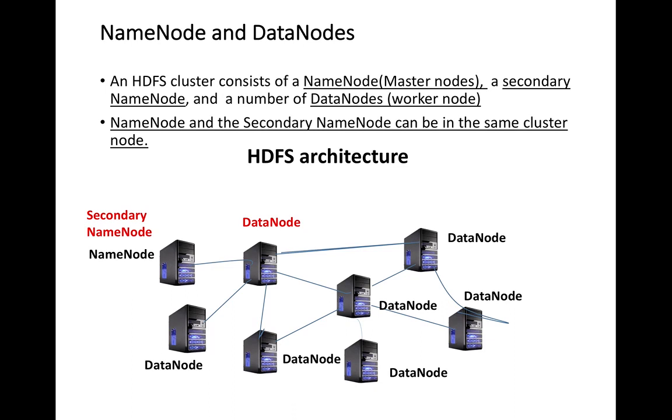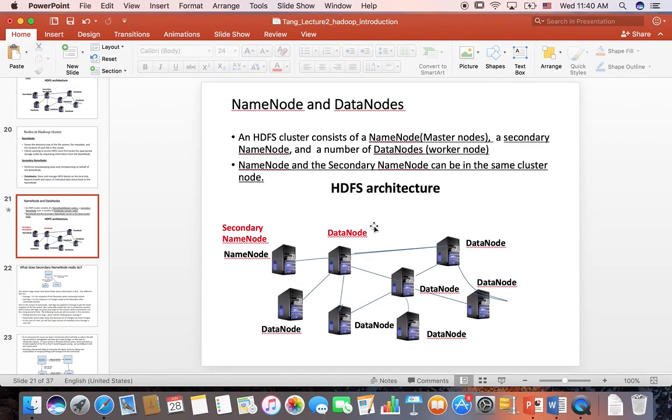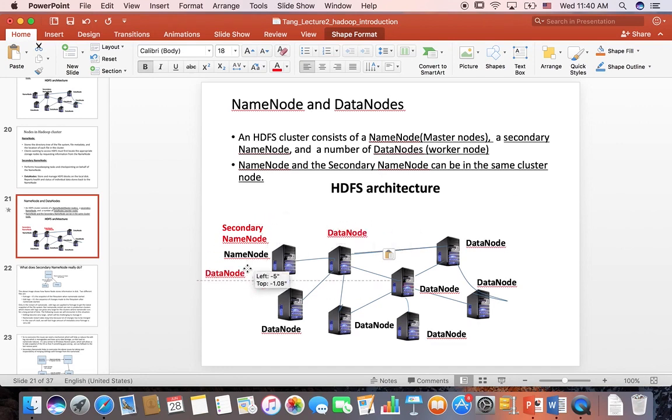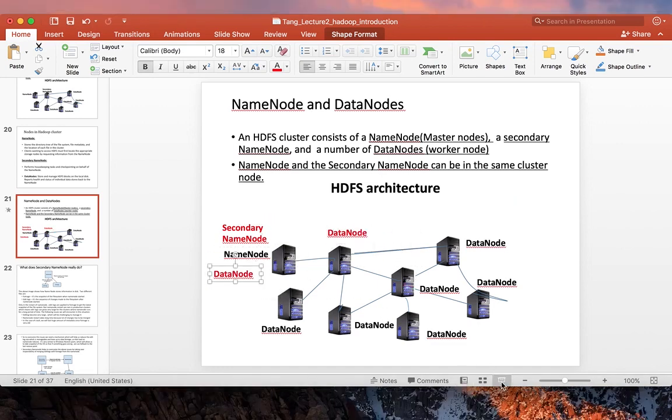Okay, and one name node and a secondary name node, because the name node, the secondary name node and the data node can be in one machine. So some people design it this way. This machine can be a data node too.